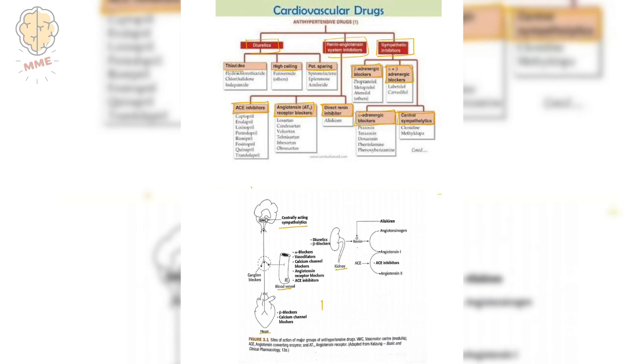Renin, as you can see, is acting on the kidney, and aliskiren, which is the only drug under renin inhibitors, acts on decreasing the renin, and that in turn decreases angiotensinogen to angiotensin 1 and angiotensin 2. And as you can see, ACE inhibitors are helping in decreasing the conversion of angiotensin 1 to angiotensin 2, and in turn are decreasing our blood pressure.